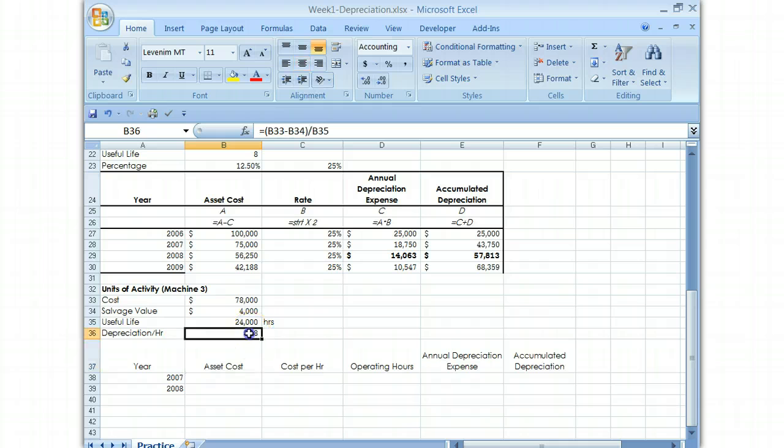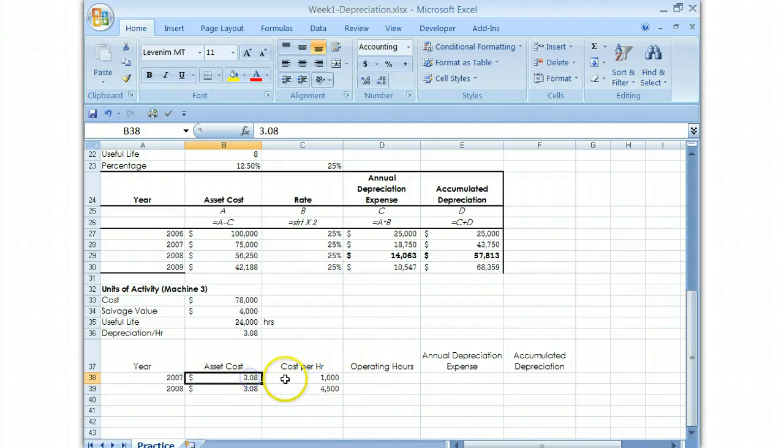So that tells us that we are going to be depreciating this asset by $3.08 per hour. The problem then tells us that in 2007 this asset was used for 1,000 hours, and in 2008 this asset was used for 4,500 hours.